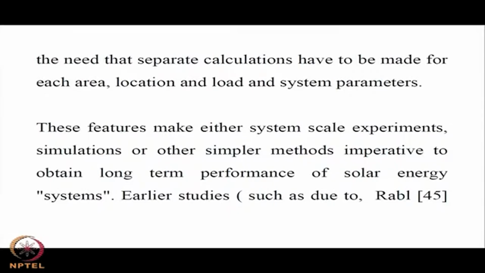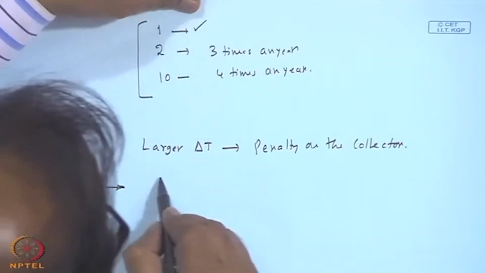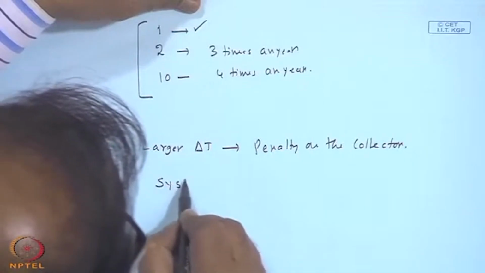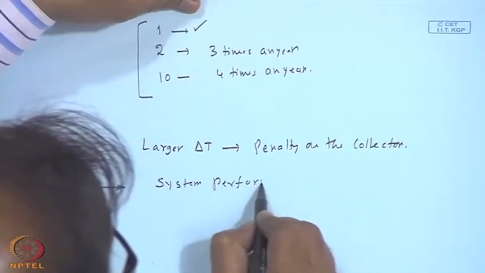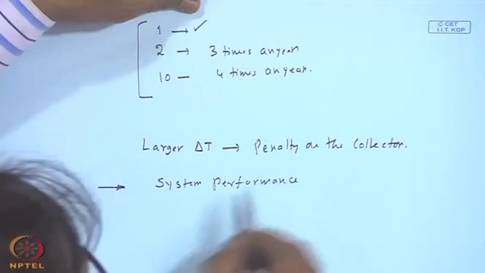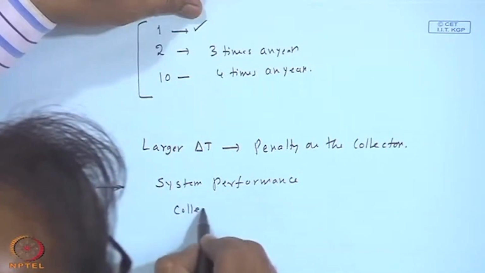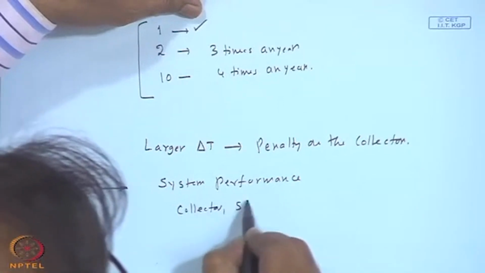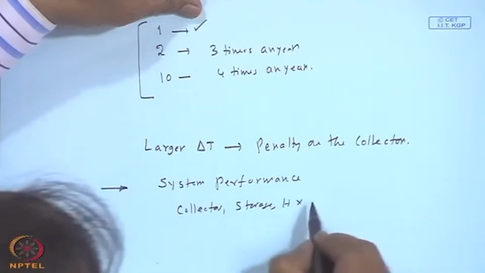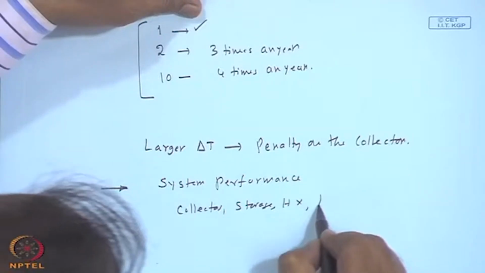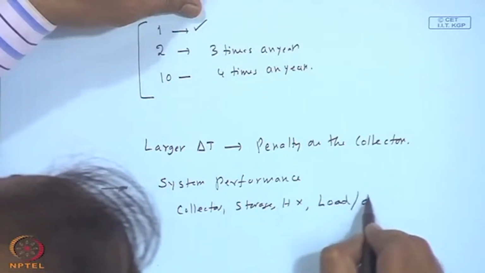So, now if you really want to summarize, we want a system performance which includes all the components like collector, storage, heat exchangers, and interestingly load and its distribution.